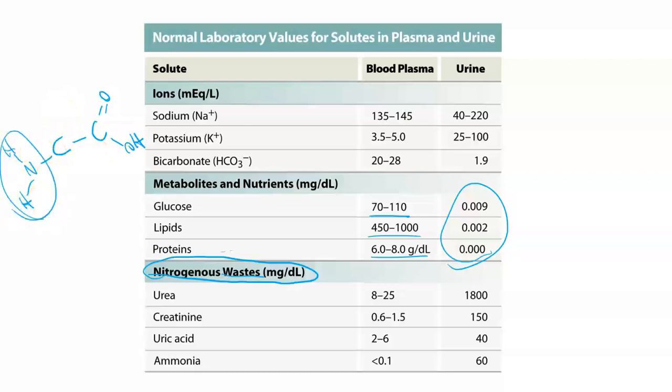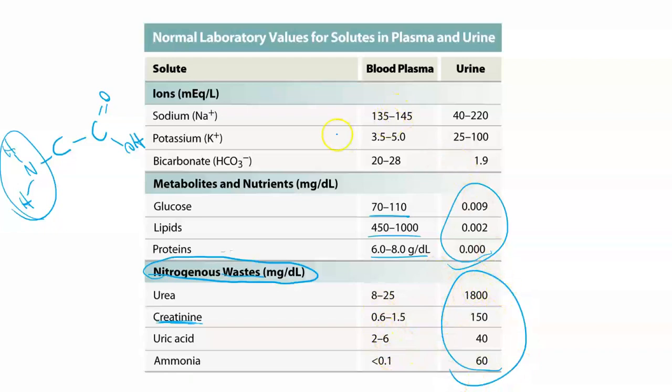Well, the amine groups get lumped together and they can form things like urea, or they can get converted into ammonia. Creatinine is something that's involved in muscle. And so these will accumulate in pretty high degree in the urine. There's not as much of them in the blood, but there's a high degree of them in the urine.